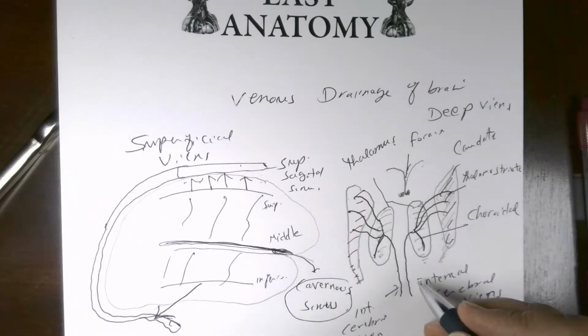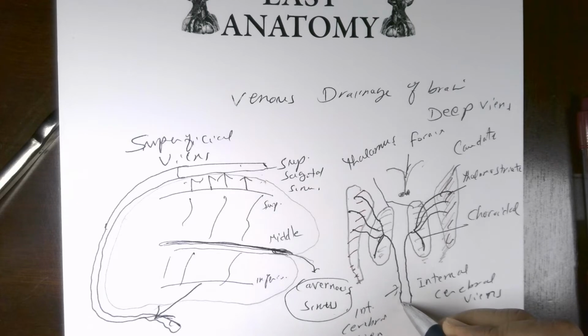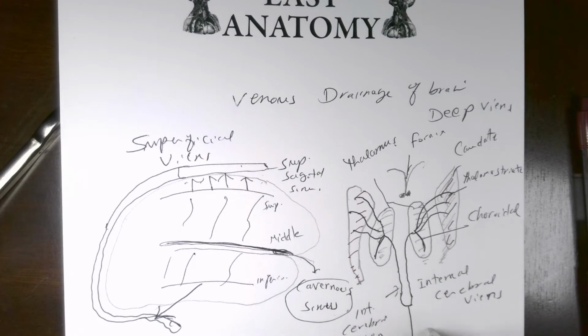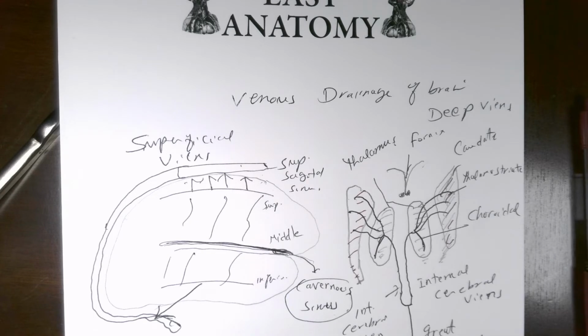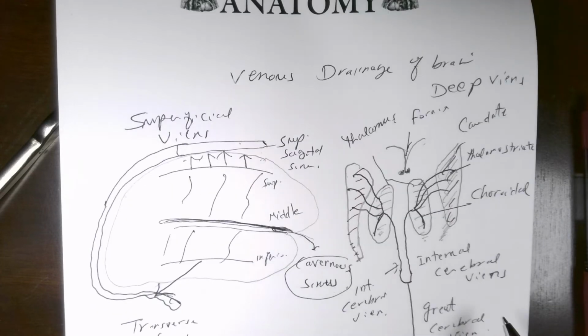Okay, the internal cerebral veins join each other to form the great cerebral vein, or vein of Galen. Sometimes we call it Galen vein. What happens next?